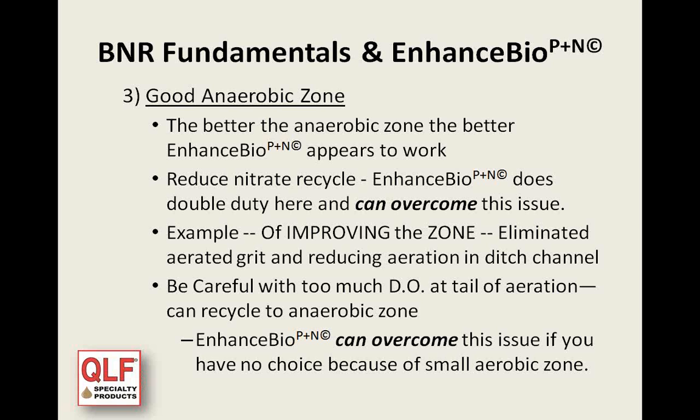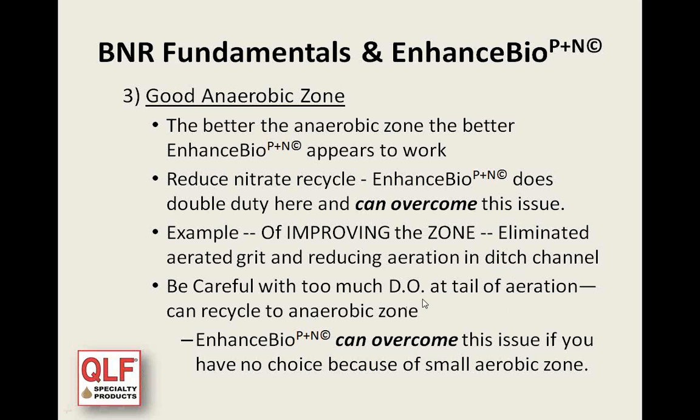But the other thing they did is they eliminated their aerated grit chamber just ahead of the ditch, because that oxygen that was being entrained in the sewage coming into the ditch actually made the performance of that anoxic zone less.